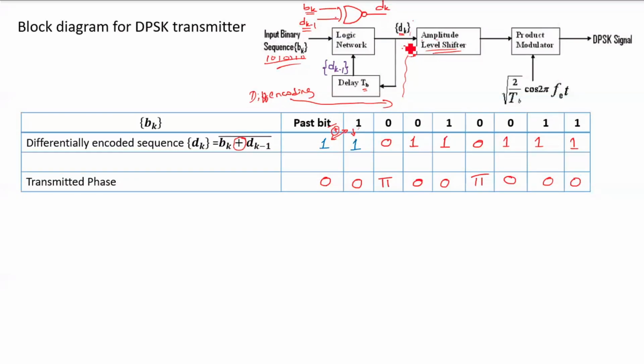Just treat this as if it is a BPSK transmitter. This whole thing is a BPSK transmitter, whereas this part is only differential encoding. That is the only difference. Differential encoding first, then comes the BPSK, binary phase shift keying.